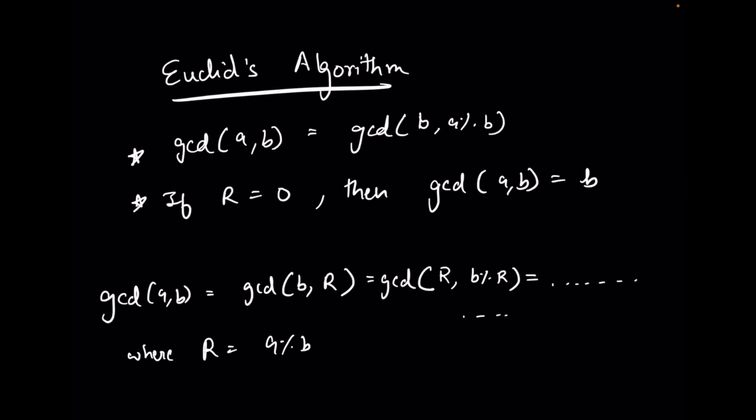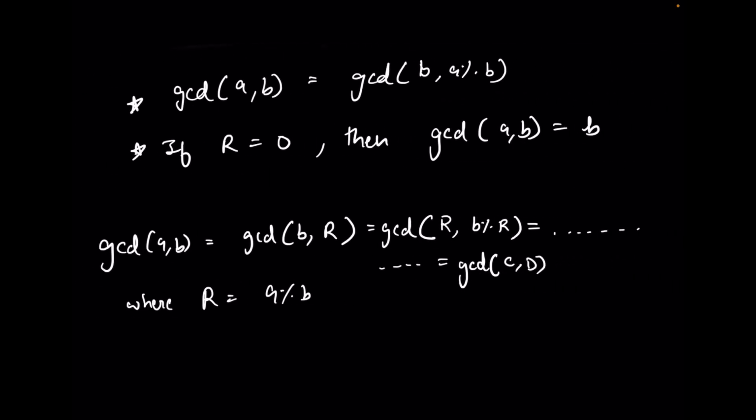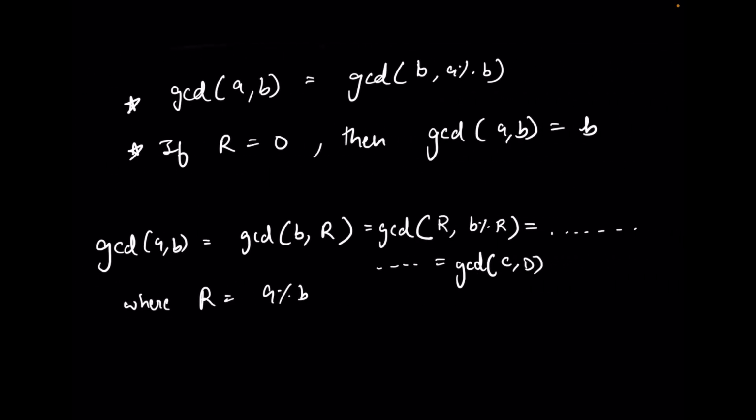You keep doing this until you reach two numbers, say C and D, where C mod D is actually 0, or the remainder when you divide C with D is actually 0. In this situation, the second point comes into play. So according to the second point, GCD of C comma D in such a situation will actually be D, right? So your final answer will actually be D.